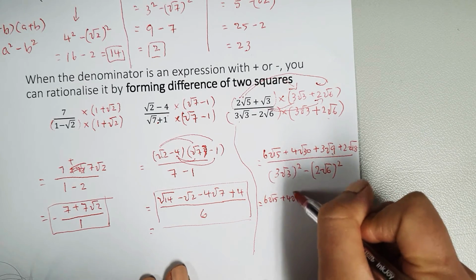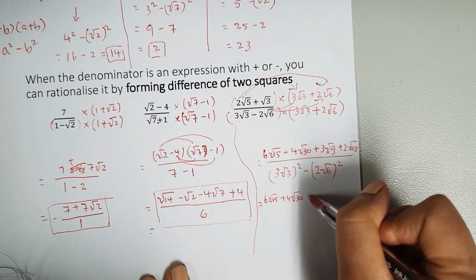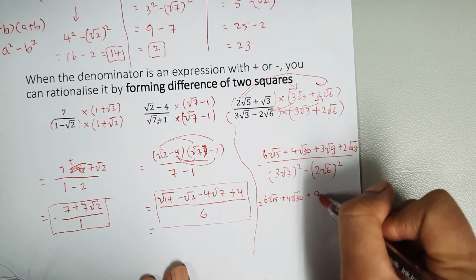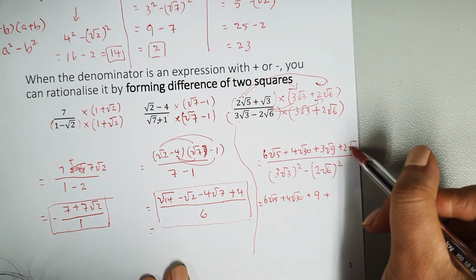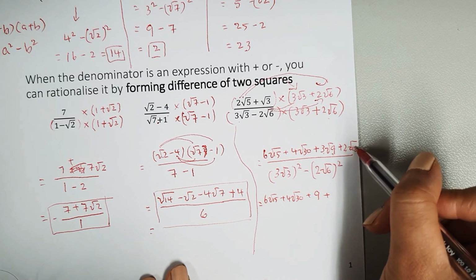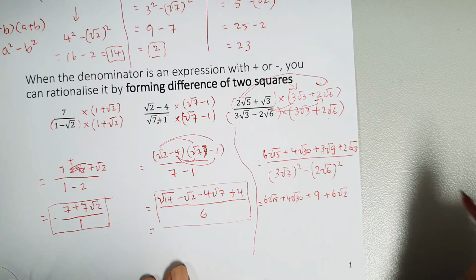Plus 4 root 30. We can't do anything with that one either. Plus, now 3 times root 9 is going to be 9, because it's going to be 3 times 3. Plus, I've got 2 root 18, which is the same as root 9 times 2. So root 9 is 3, 2 times 3 is 6, and we still have root 2 on the inside.